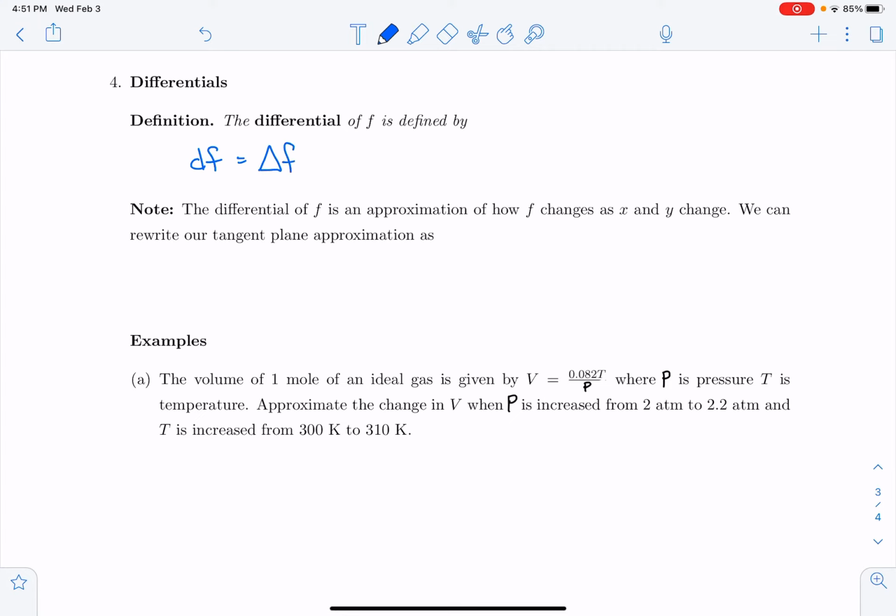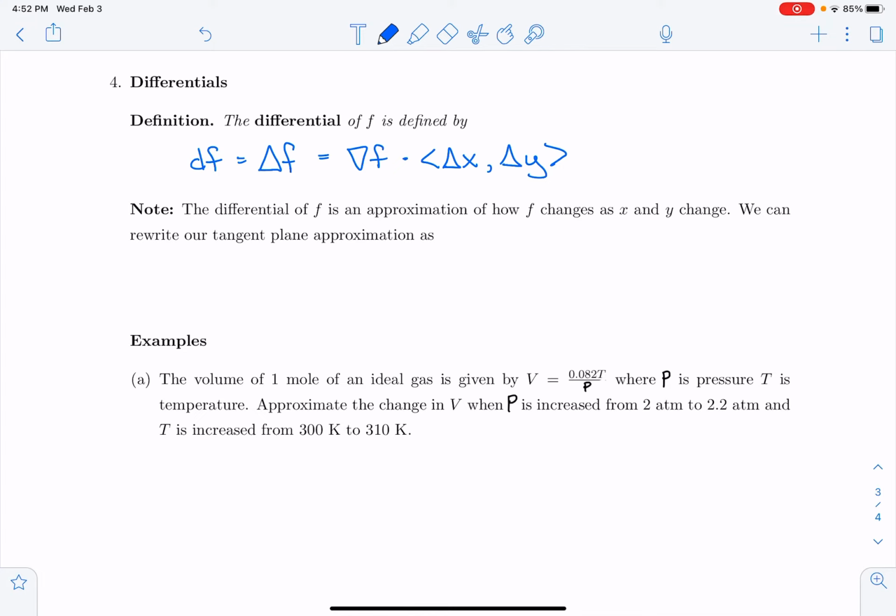And that's going to be the gradient of f dotted with delta x, delta y. So the differential is in fact just part of the linear approximation.